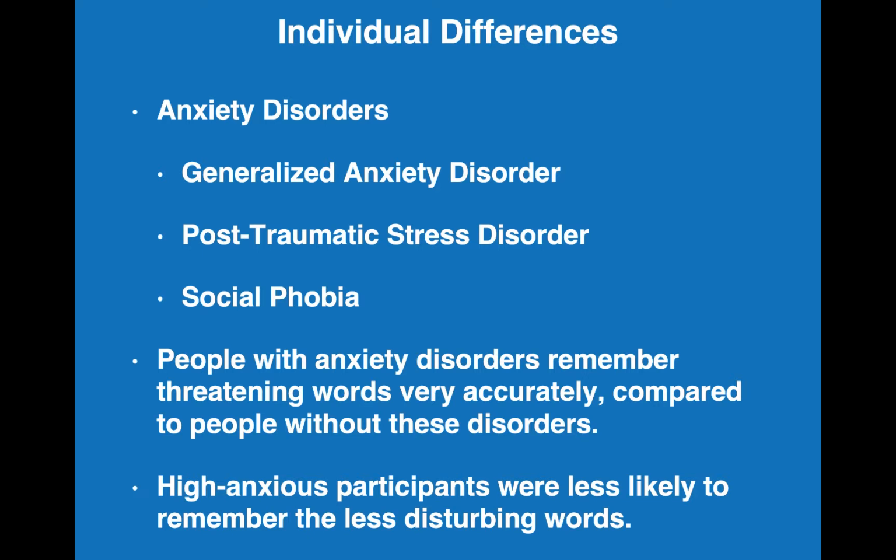So what kind of word some people use provides some information about what kind of mental state this person resides in. So less anxious people are more likely to remember the less disturbing word.